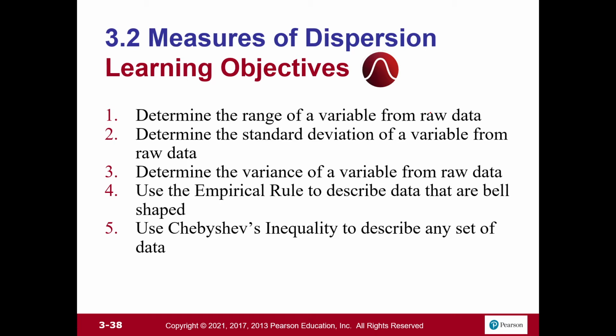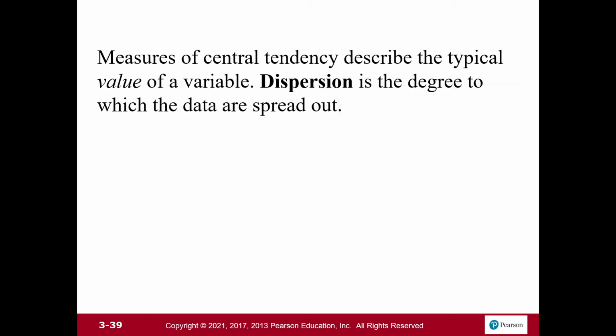Then there's the empirical rule, which has to deal with more applications, and Chebyshev's inequality. Let's move on. So here's the difference between the measures of central tendency and dispersion.